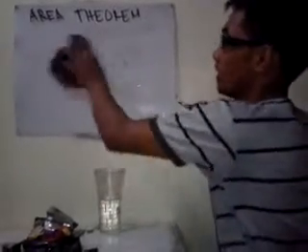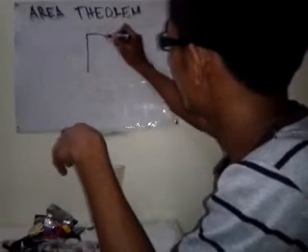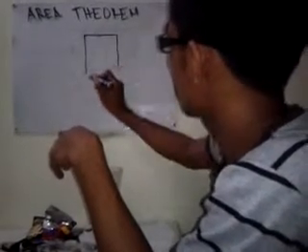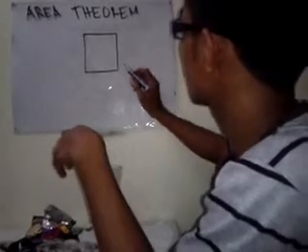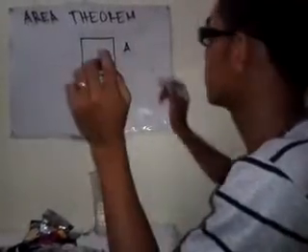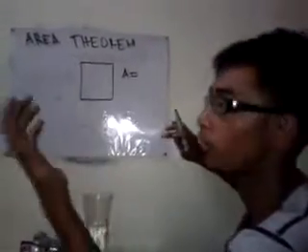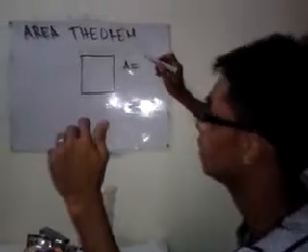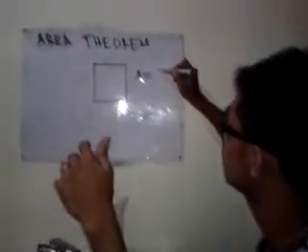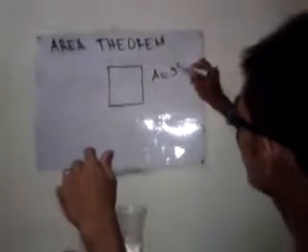I'm just going to manually draw it. How to solve the area of the square is simple, as we're already in college, so basically we already know how to solve the area of the square. Area is equal to s squared.